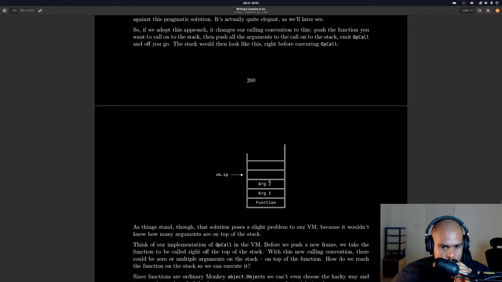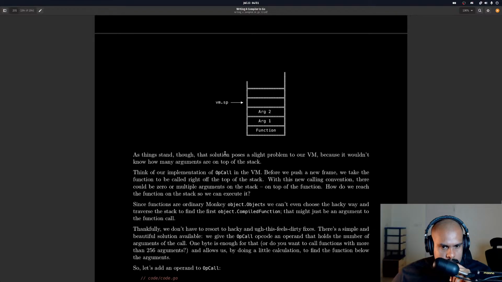Okay, if there's no local scoped arguments. Oh, like variables, sorry. As things stand though, the solution poses a slight problem to our VM, because it wouldn't know how many arguments are on top of the stack.